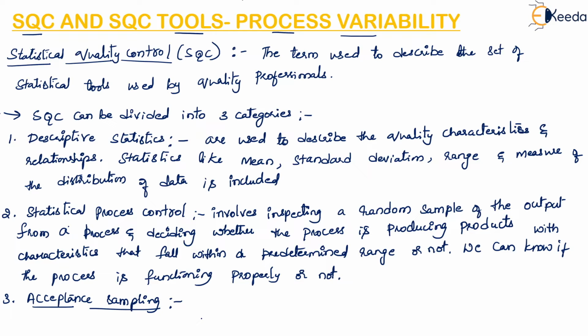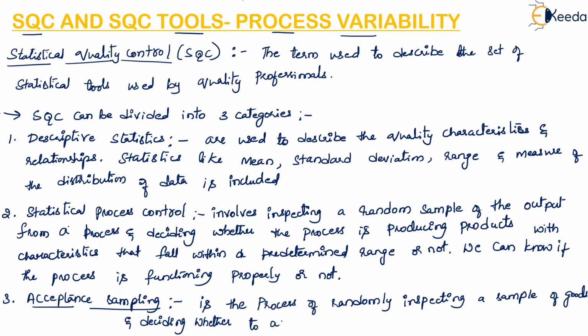So if all the products in this sample are good enough, then we will accept all the 1000 products. If not, we will reject all the 1000 products. So that is all about the acceptance sampling. So here we will randomly select the samples. Acceptance sampling determines whether a batch of goods should be accepted or rejected.